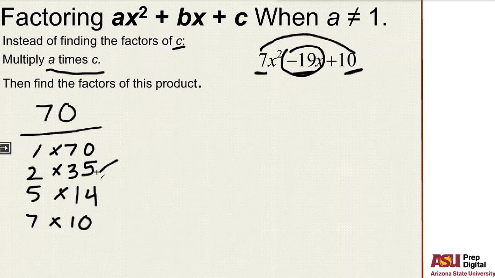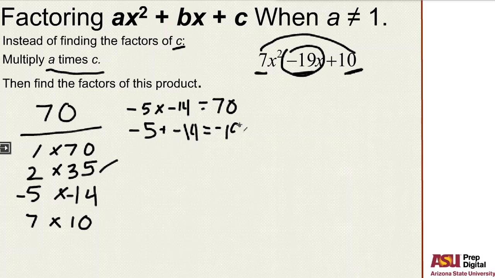And since this b value is a negative number, I'm going to want to make both of these numbers negative. And the reason is negative 5 times negative 14 will give me that positive 70, and then they'll also add up to the negative 19. So that's the pair I want.